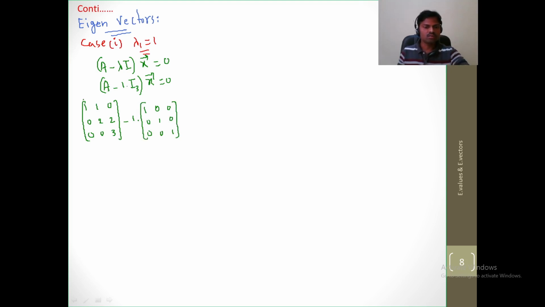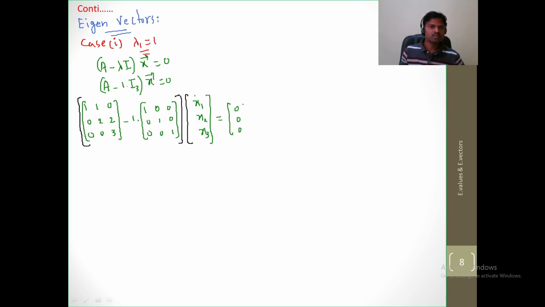So all these things into the unknowns x1, x2, x3, because the given matrix is of order 3 by 3, so 3 unknowns, equal to the null matrix 0 0 0.